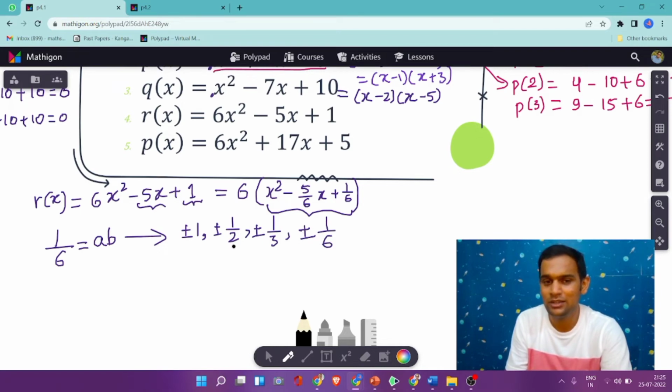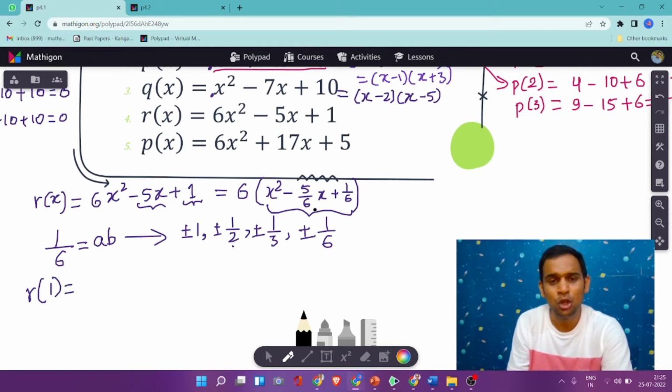Why? Because when you multiply 1 by 2 and 1 by 3, with plus and plus, you will get 1 by 6. 1 times 1 by 6, obviously you'll get 1 by 6. That is why we take these factors.